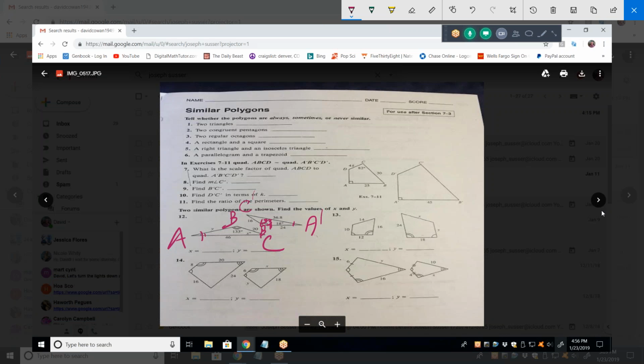That tells you C prime. What's C prime? C prime would be 180 minus 151, which is 29. Okay, so x is equal to 29.